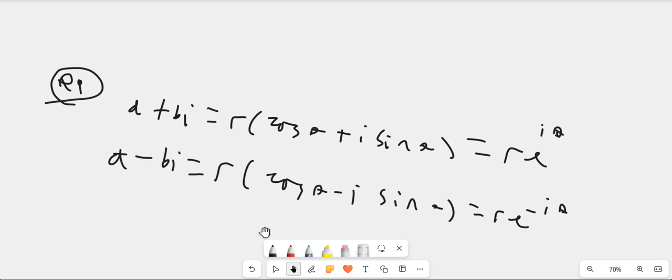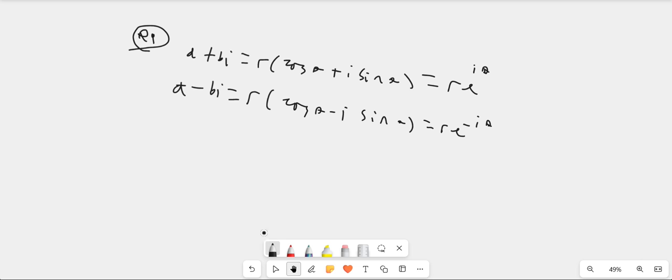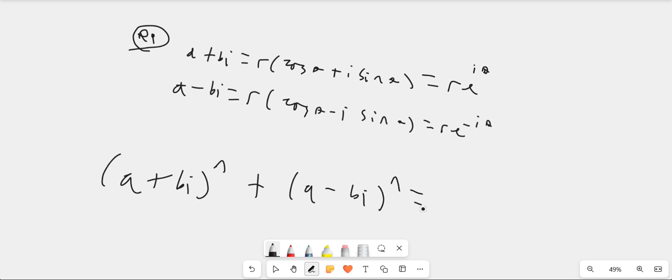So hence, a plus bi to the power of n, as the question is asking you to do, plus a minus bi to the power of n, is going to be equal to r to the power of n e to the power of ni theta plus r to the power of n e to the power of minus ni theta.